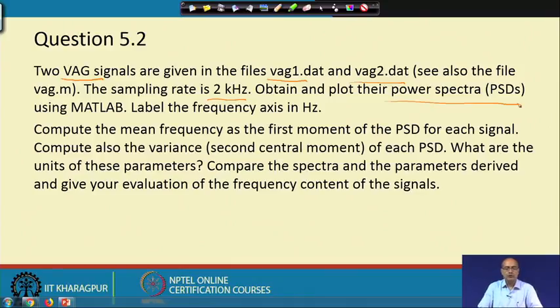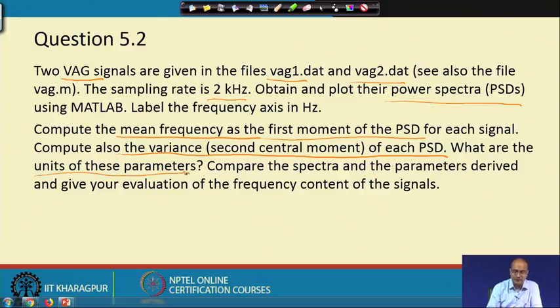And next we need to compute the mean frequency, okay? That is the first moment of the PSD, and we have to compute the variance, that is the second moment of the PSD. Now, we are also asked what would be the unit of these parameters, the mean and the variance, okay?